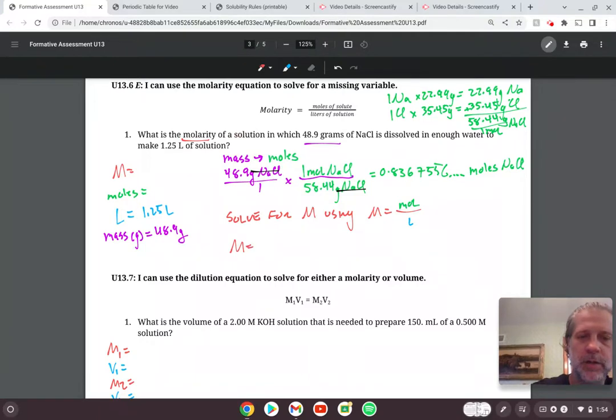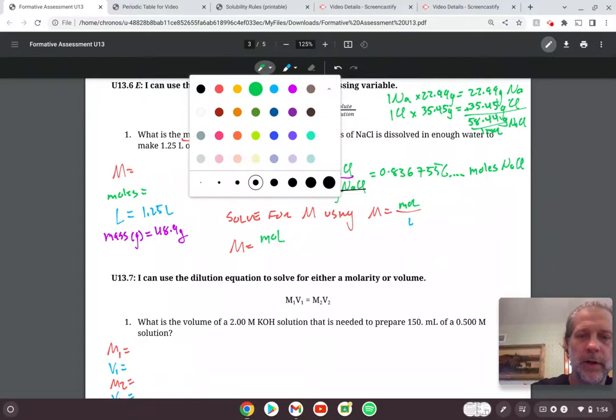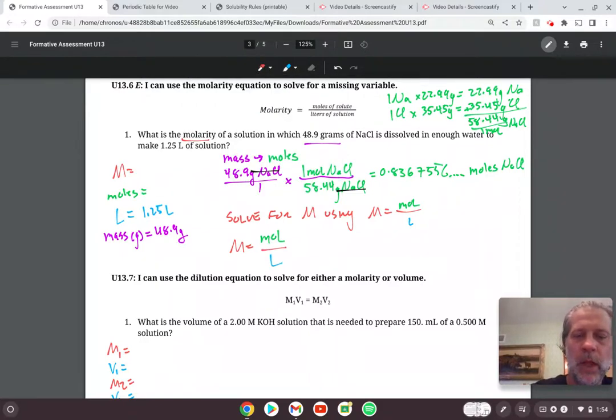So molarity is equal to moles over liters. So that's my formula. I'm going to substitute in the number of moles, which is the 0.836755, and that's moles of NaCl.